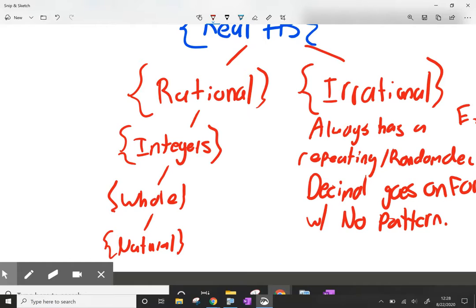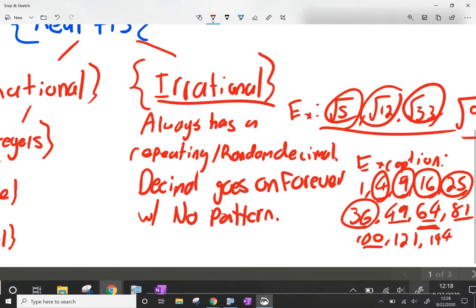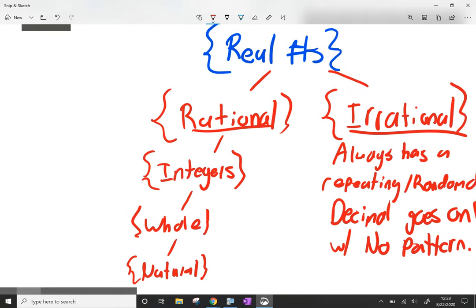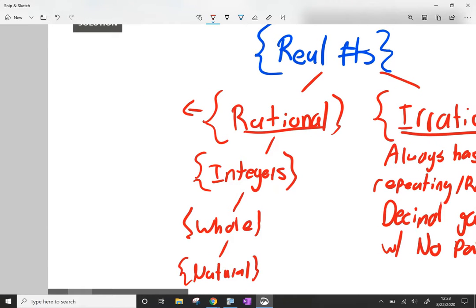Okay, so irrational is just irrational, right? It's going to be those weird square roots. But rational numbers can be broken into even more different categories. Let's do some examples over here. Fractions are rational, so 1/2 is rational.